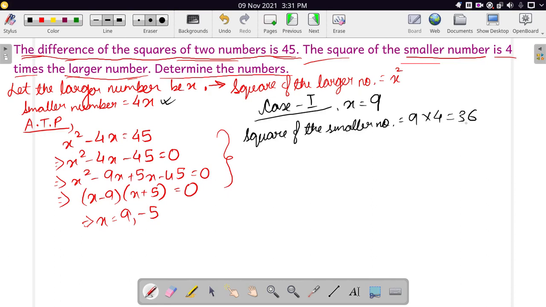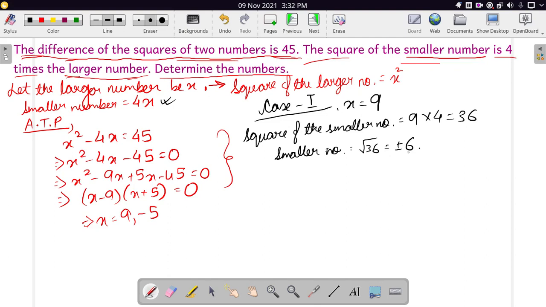Now if this is the square of the smaller number, then what is the smaller number? The smaller number is the root of 36, that is plus minus 6, right? It's very simple.